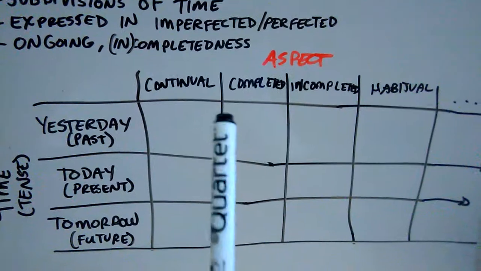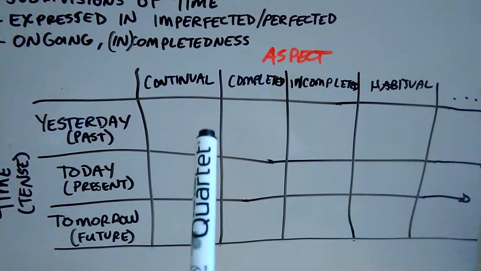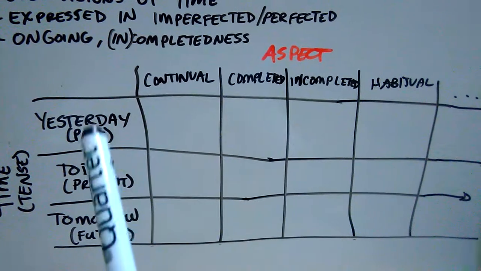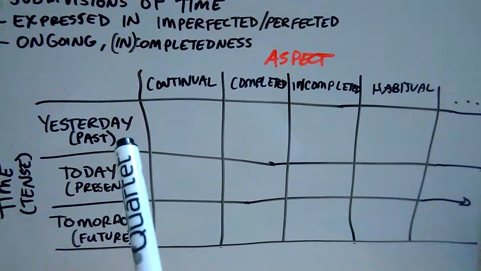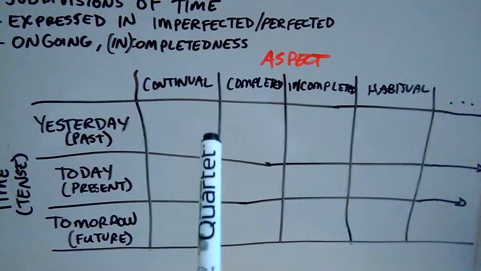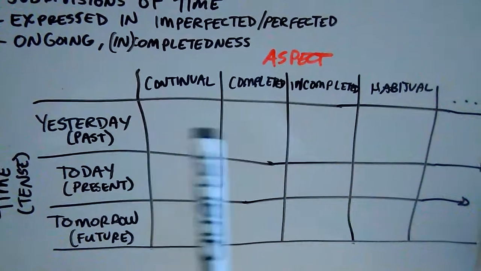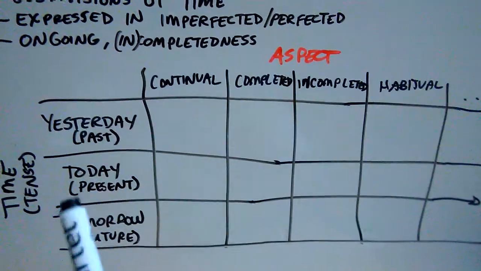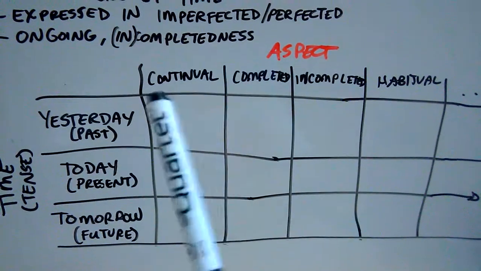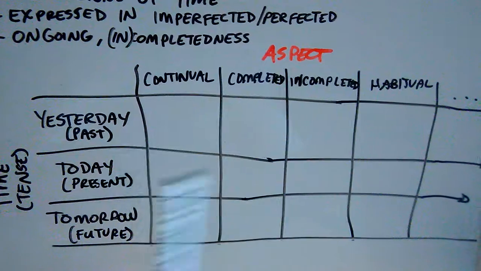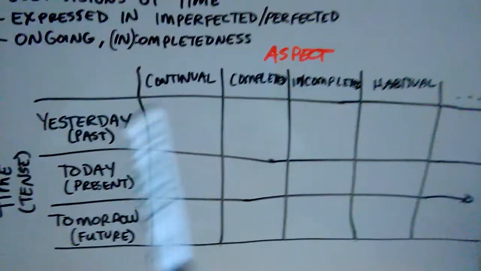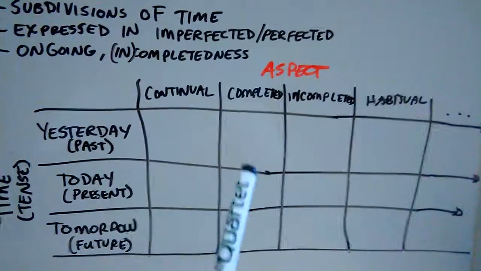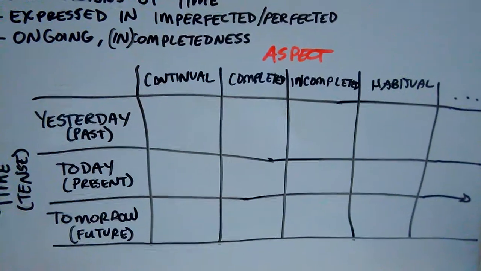If I wanted to say that it was a continual aspect in the past tense, I would have to say I had been eating, right? Because it's a continual aspect. The verb was still ongoing, but it happened in the past. So it's ongoing in the past, and I can express it as I had been eating.